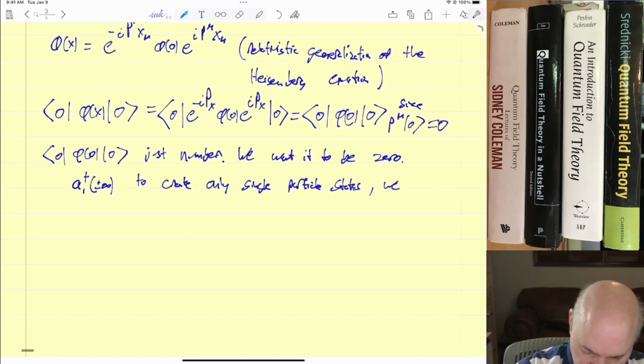We don't want it to create, if we got a number that's not 0, it would be creating some overlap with the ground state.